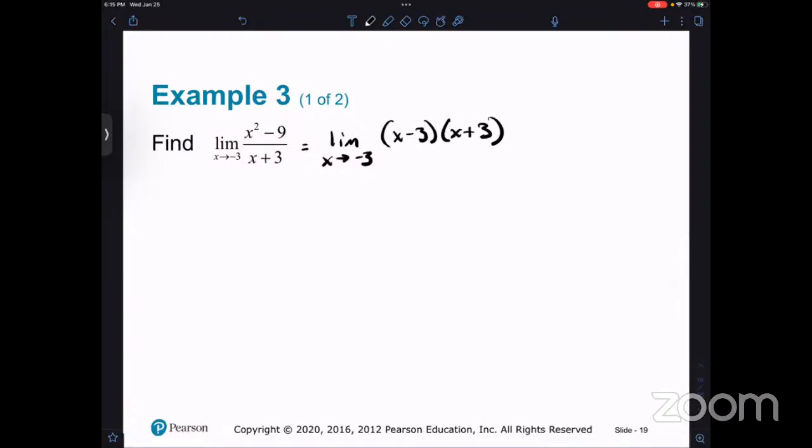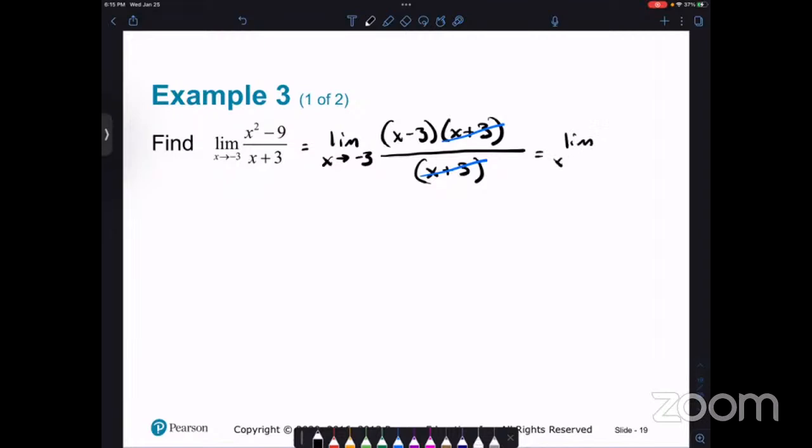And on bottom, the x plus 3 persists. Now we have expressions that can cancel. These cancel. So then that leaves us with the limit as x approaches -3 of x minus 3. Okay. So now we can evaluate this.